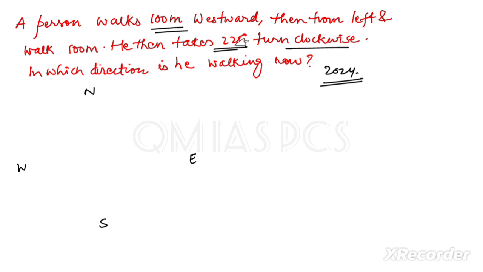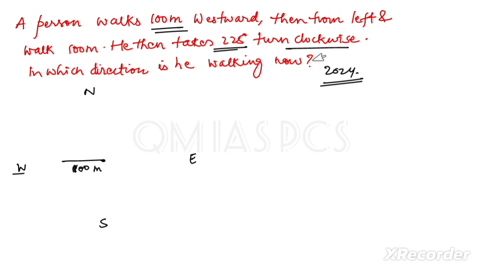Fine. So we have to consider from the center point. Person walks 100-meter westward, means this is west, so this is 100-meter.